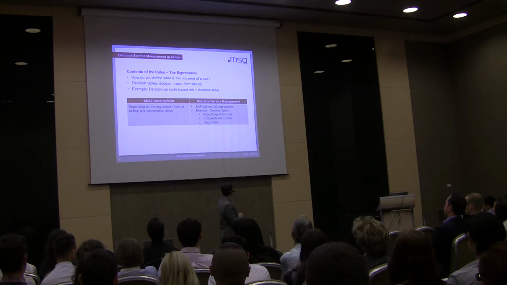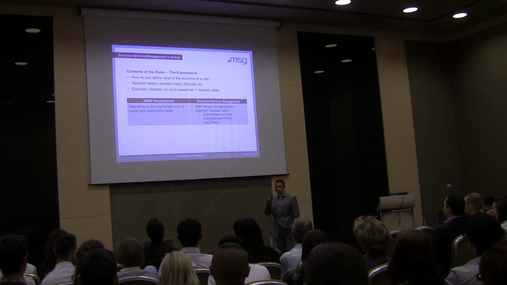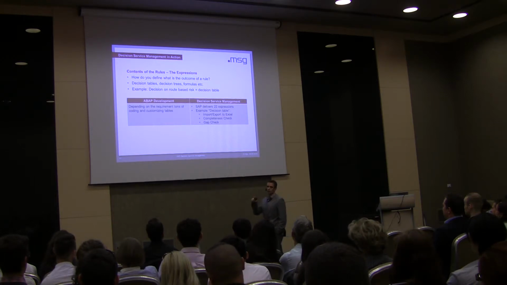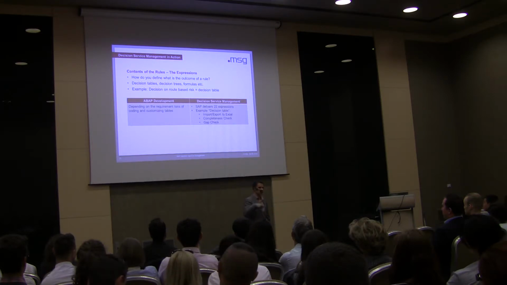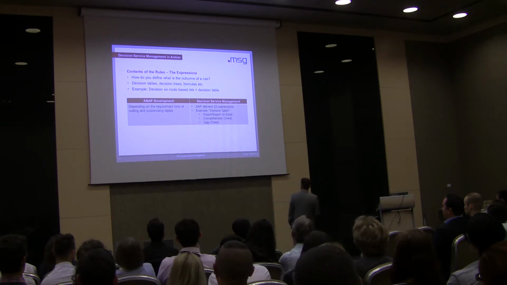And if you take the example of the decision table, you can think of it like an Excel. You have some columns, which are the conditions, and if one line is hit, then the result columns are evaluated and handed back to the caller. That's it. No more, no less.